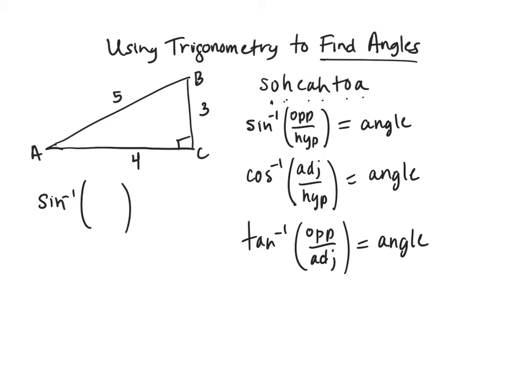So the ratio is opposite 3 over hypotenuse, which is 5. So typically on your calculators, you have to do the inverse function, which is usually like a second function. So the inverse sine of 3 divided by 5 is, I'll round it to the 10th, about 36.9 degrees.